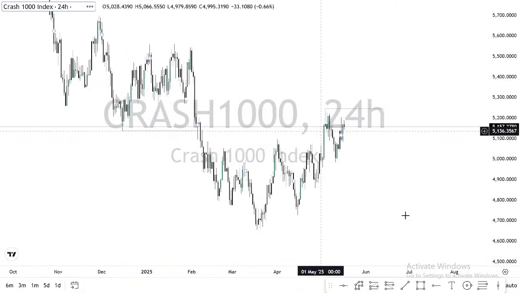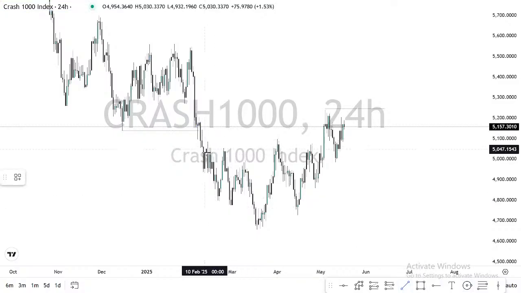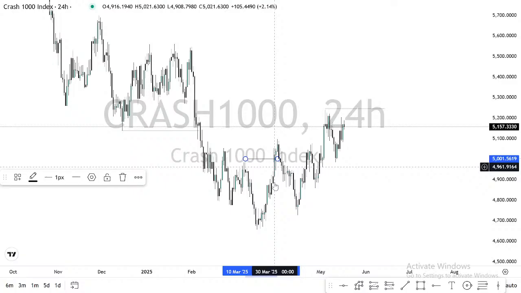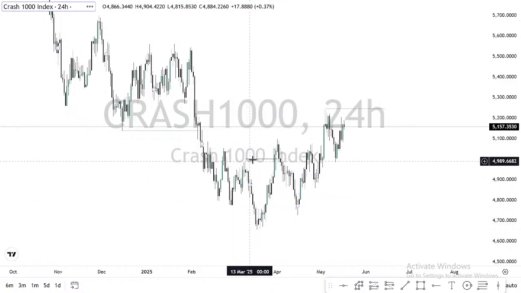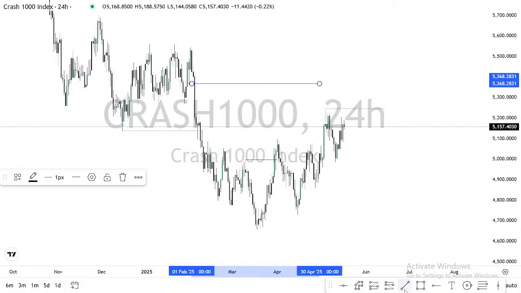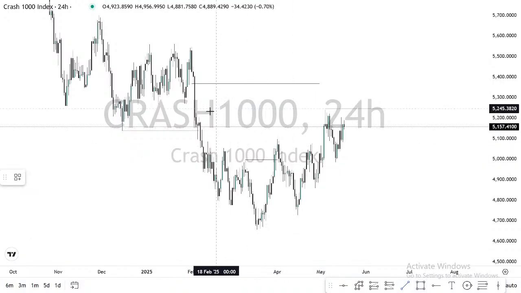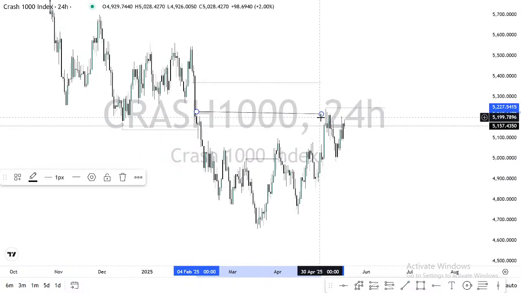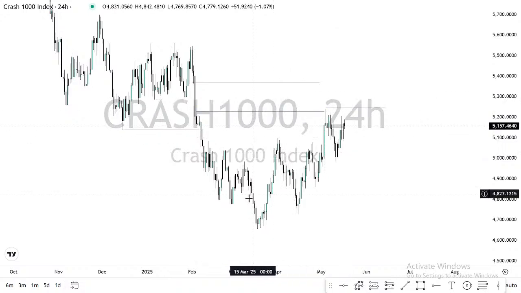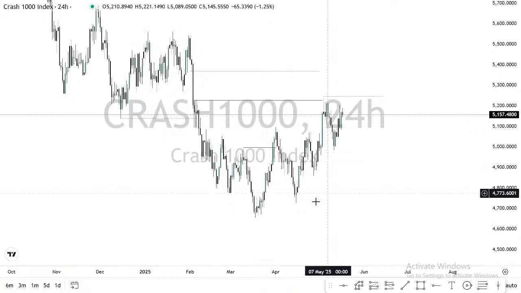For this pullback that started happening, my change of character happened here. You can see that it was with a bodied candle, not with a wick. When I see this change of character, the next thing that comes to my mind is a change of character for that range structure. So my thought would be that market is coming back to fill up this fair value gap since we have that change of character. That is what validates my pullback for me.